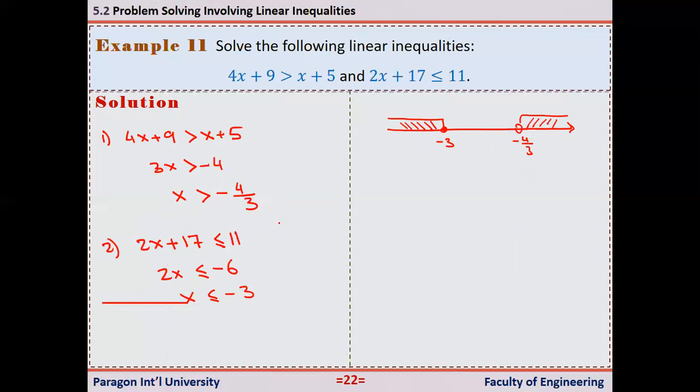As you see here, these inequalities do not have any intersection area, or double cross area, let's say. So that means these simultaneous inequalities do not have a solution. Then what is the solution set? The solution set is empty. It doesn't have any element. Because there's no common area, there's no number that belongs to this interval and at the same time to this interval. That's why these inequalities have no solution.